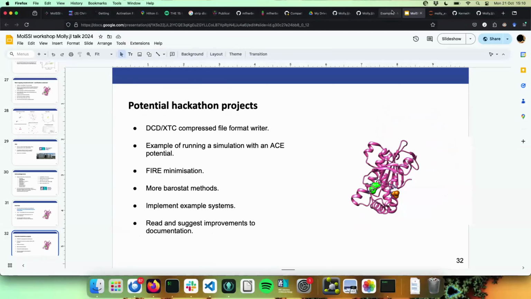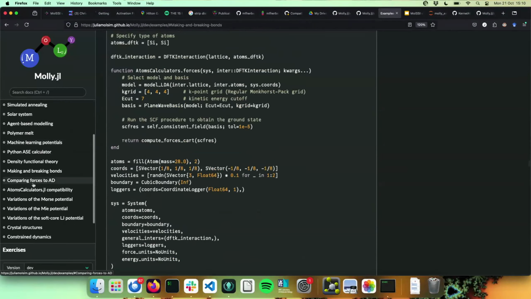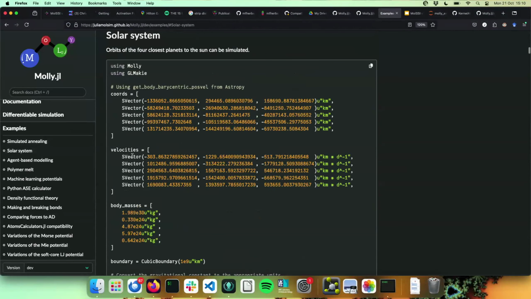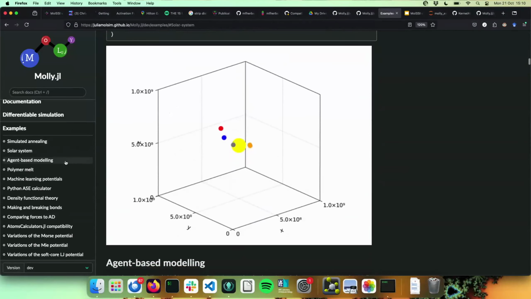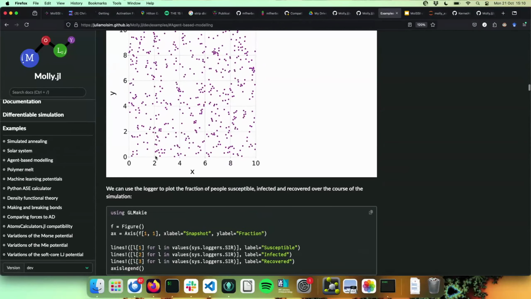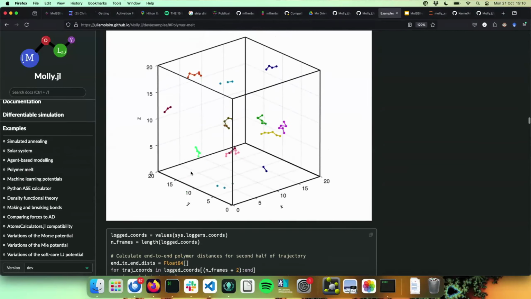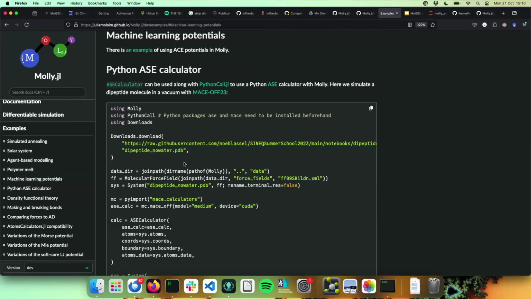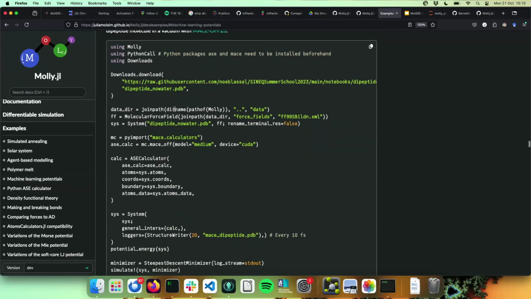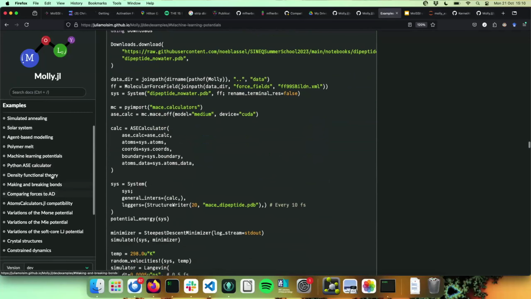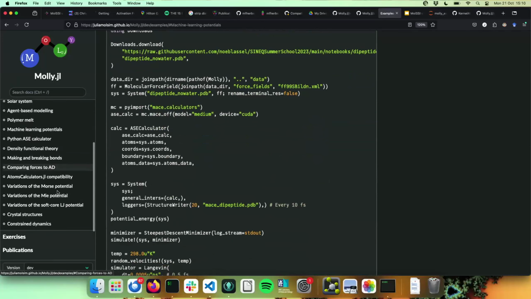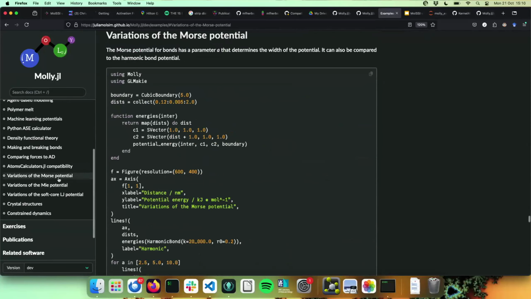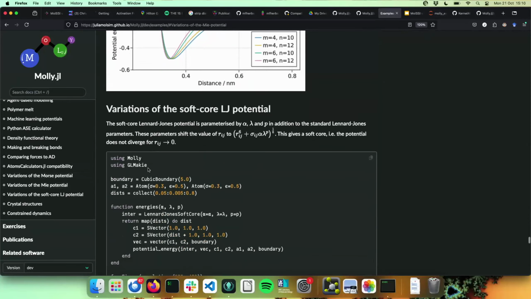By the examples page, I mean this page here, which has, I think, more than 10 random examples now, all the way from the solar system thing Rachel mentioned to agent-based modeling, OligoML, so these molecules flopping around, using an ASE calculator for Python, the DFTK example we spoke about earlier, integrated with Atomistic calculators, and then various plots comparing potentials, which is quite nice.